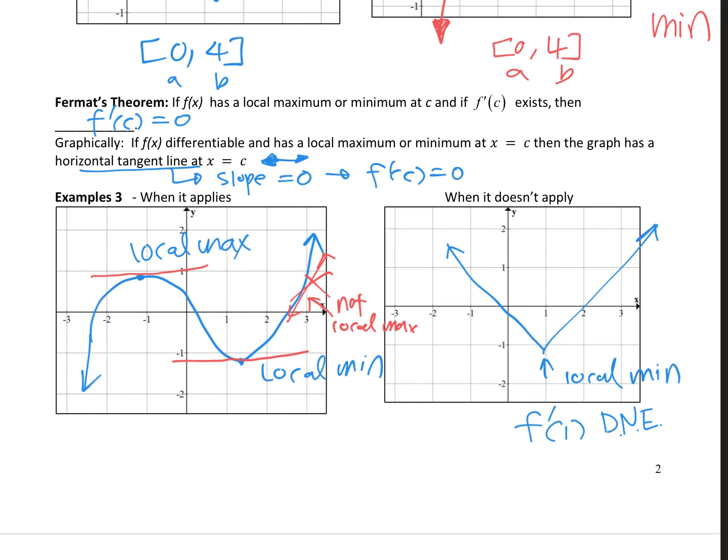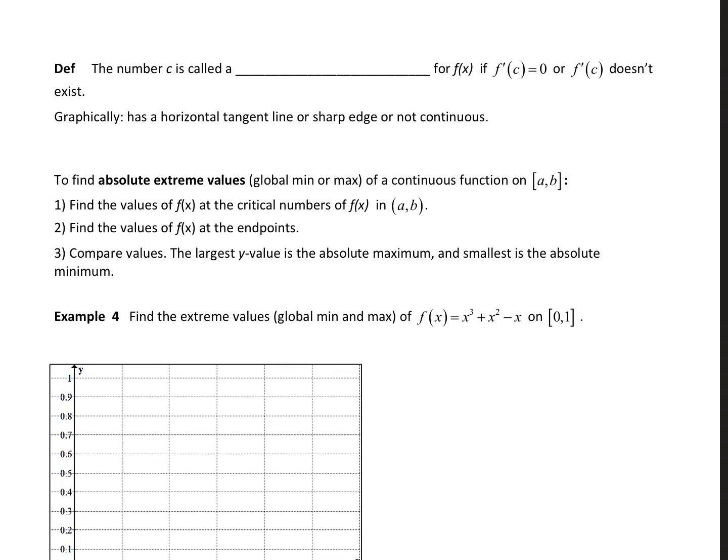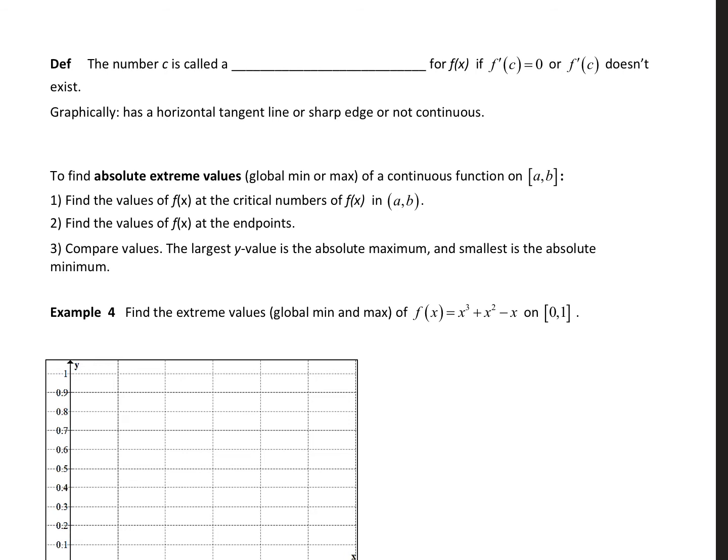It's a sharp edge, so f prime of 1 doesn't exist. Like here, I think I forgot to say, f prime of 1.2 is equal to 0. f prime of negative 1.2, something like that, is also equal to 0, right? All right. And let's look at a little bit more with those kind of stuff.